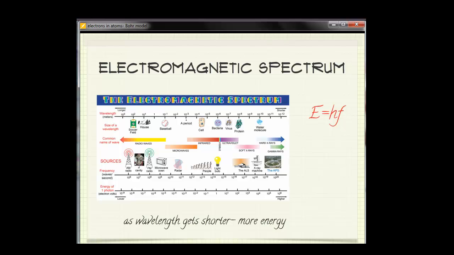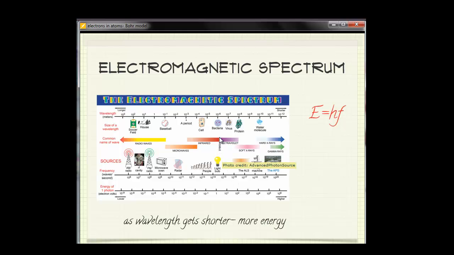To understand the answer to these questions, you have to understand the electromagnetic spectrum, which is this series of all the electromagnetic waves, ordered according to wavelength and frequency. So we have things like radio waves, which have a very long wavelength, microwaves a little bit shorter, infrared shorter, visible light. Look at visible light.